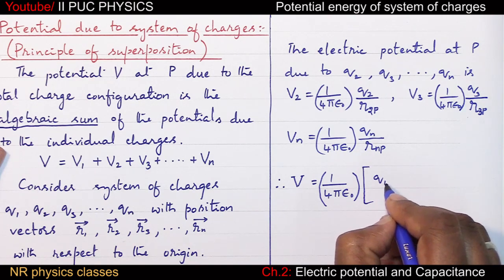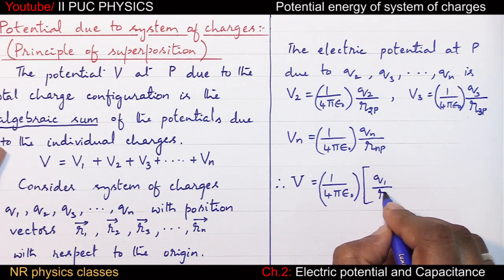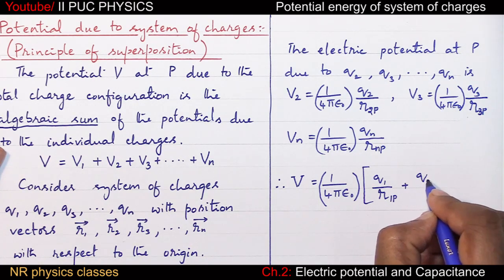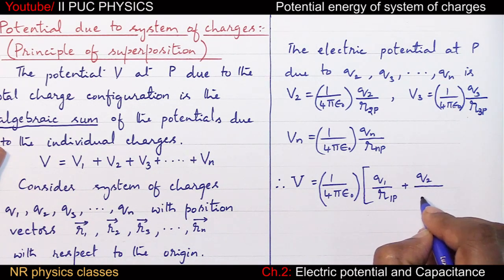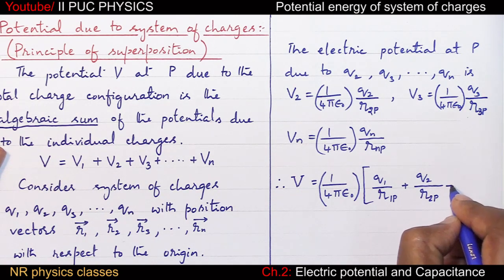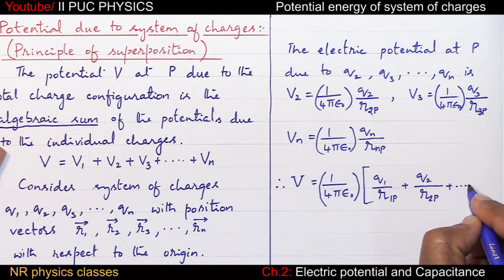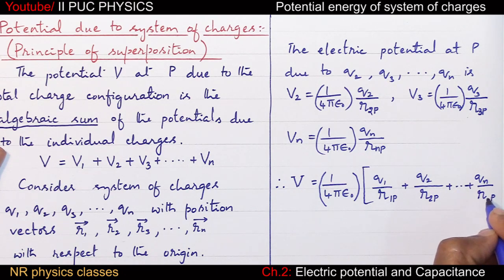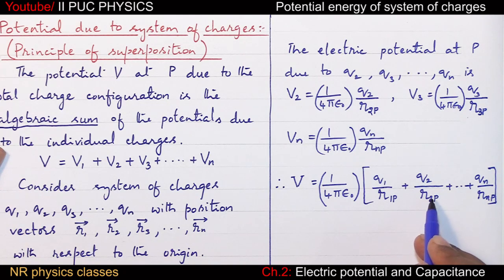First is Q1 by RP1 plus Q2 by RP2 plus etc. plus Qn by RPn, which gives the resultant potential at point P.